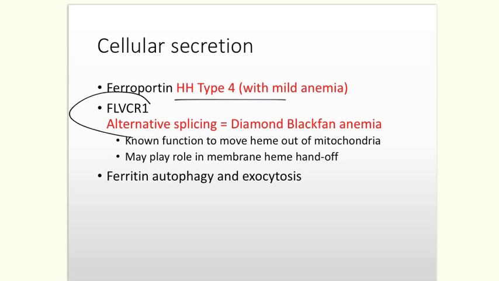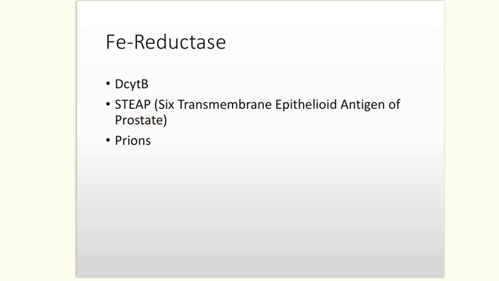And alternative splicing of the flavor 1 gene causes the Diamond-Blackfan anemia, a very rare kind of anemia. The genes involved in the reduction of iron, you'll remember we talked about the duodenal cytochrome B, iron reductase. There's also a STEAP, a 6-transmembrane epithelial antigen of prostate. This is important for the reduction of iron, so keep that in mind.